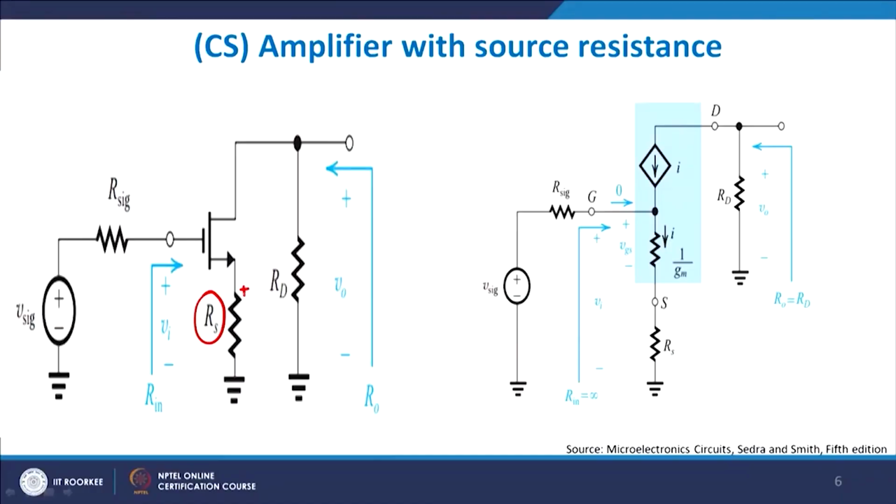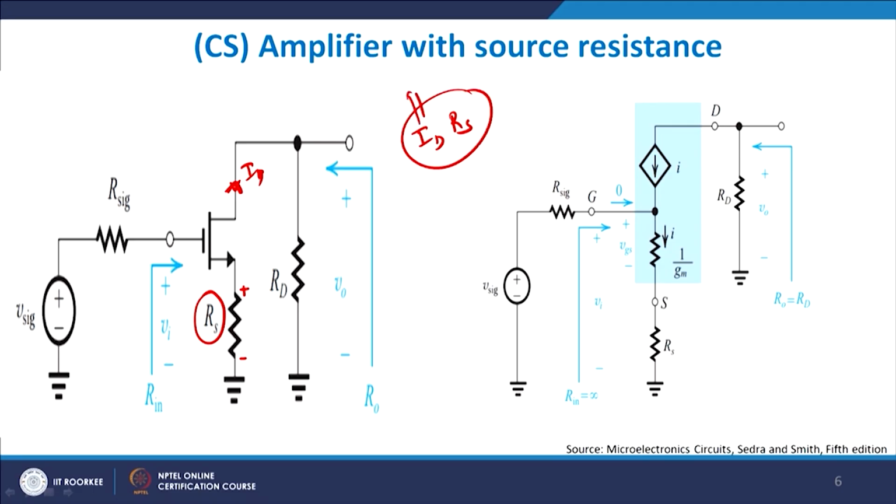It is important because as you make your source degeneration resistance RS large, you end up having a larger and larger voltage drop across it. Let us suppose current ID is flowing. Once ID is flowing through the circuit, ID multiplied by RS is the voltage drop across RS.